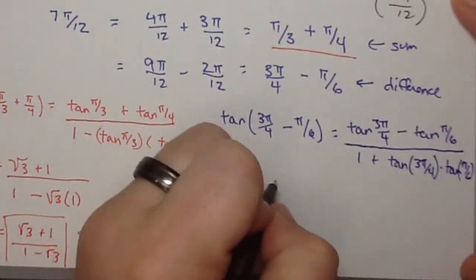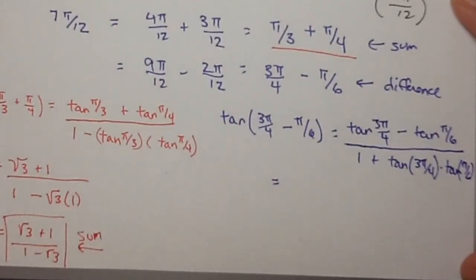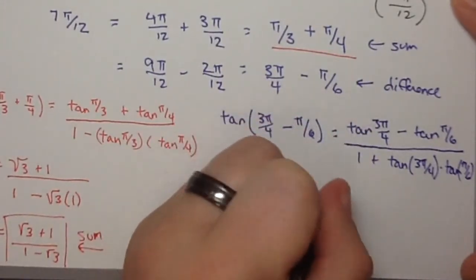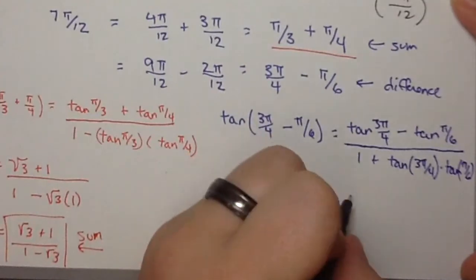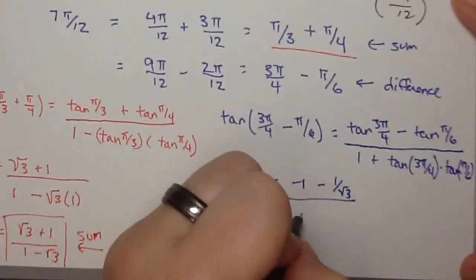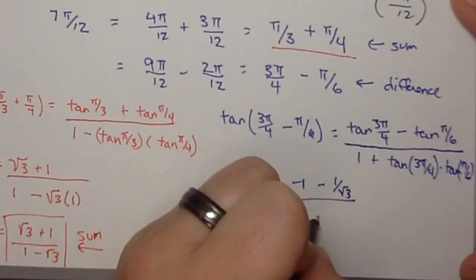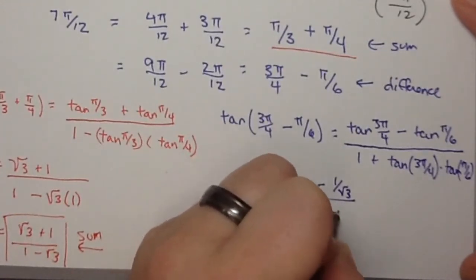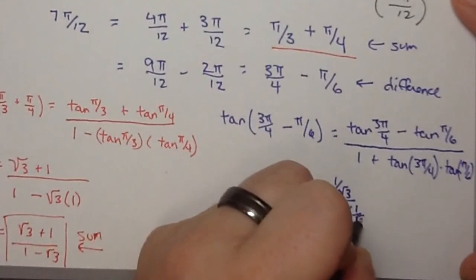All right, now using our unit circle, that gives us negative 1 minus 1 over root 3, over 1 plus negative 1 times 1 over root 3.